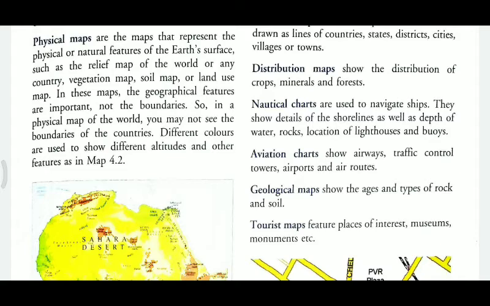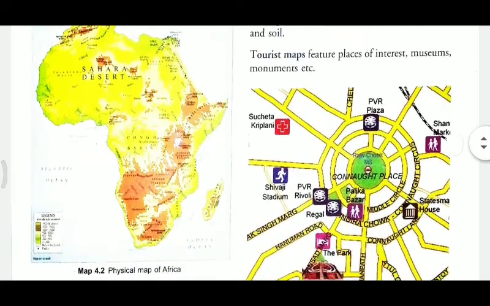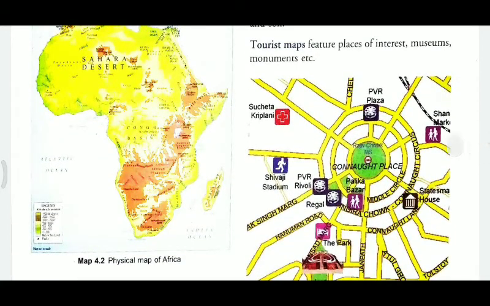And in the last, tourist map features places of interest, museums, monuments, etc. Dear student, tourist maps help tourists to tour any place.